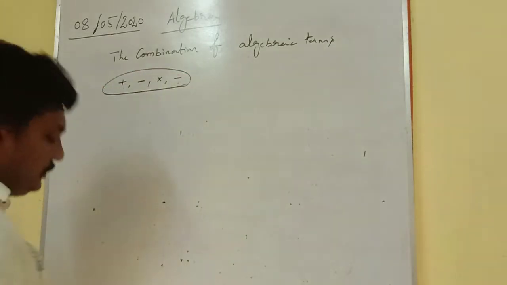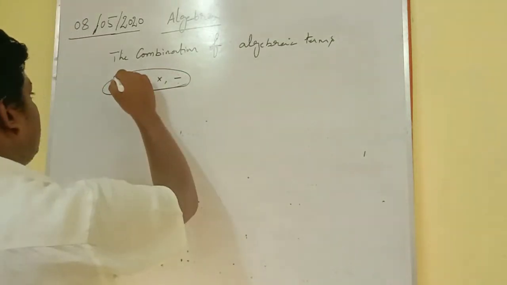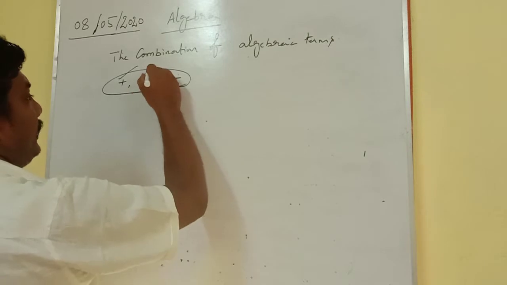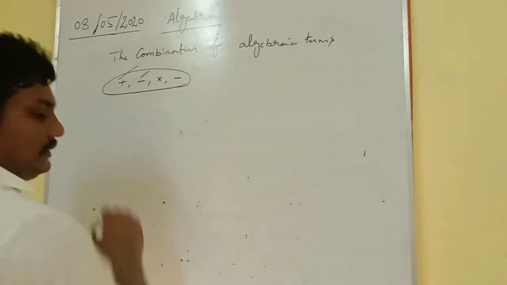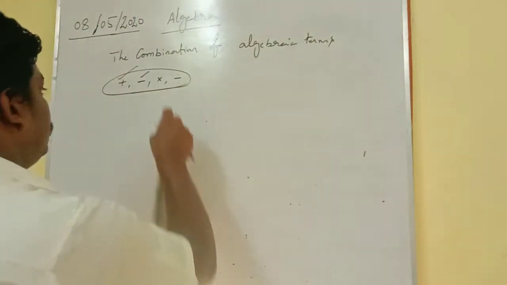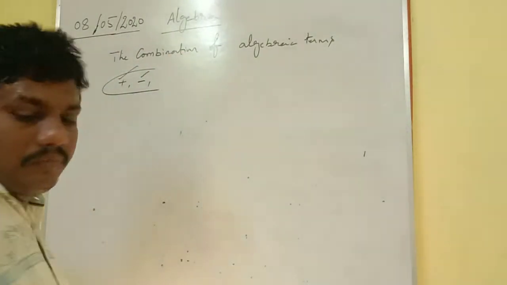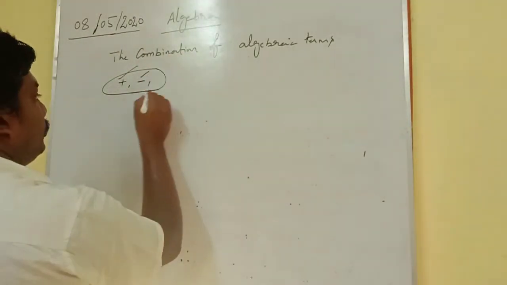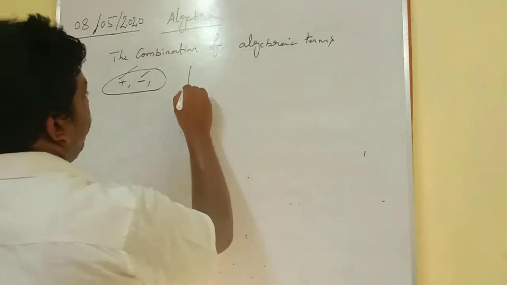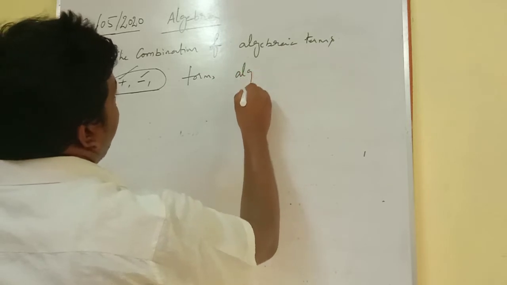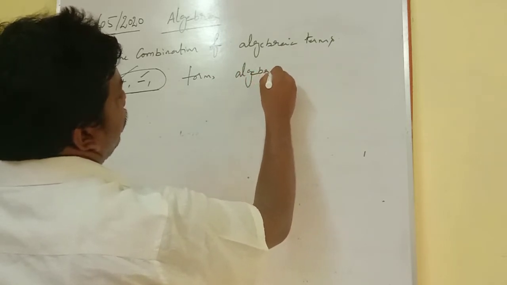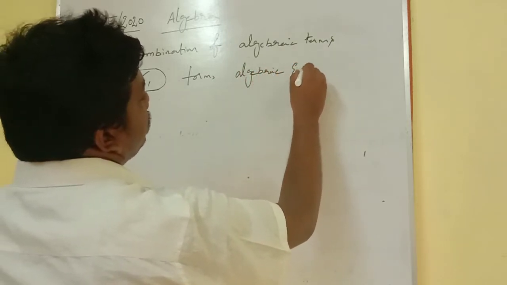Mainly plus and minus forms. The combination of algebraic terms using plus and minus forms is an algebraic expression.